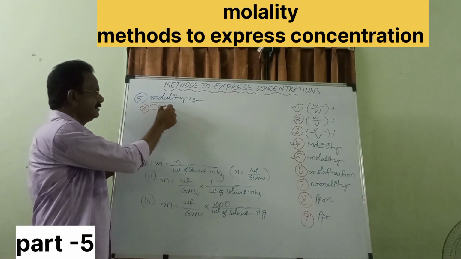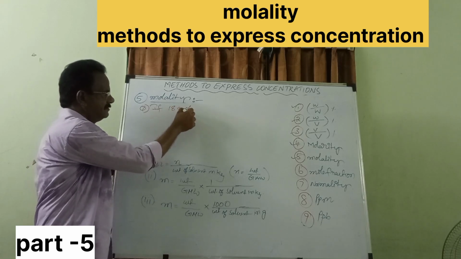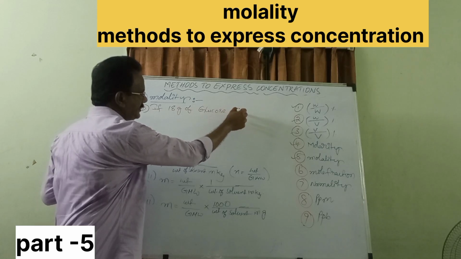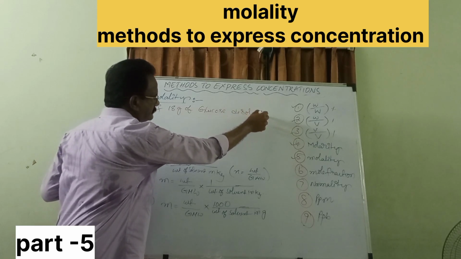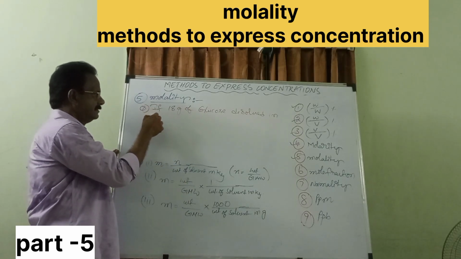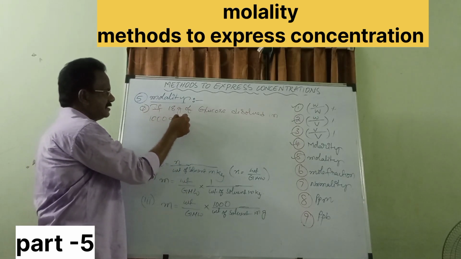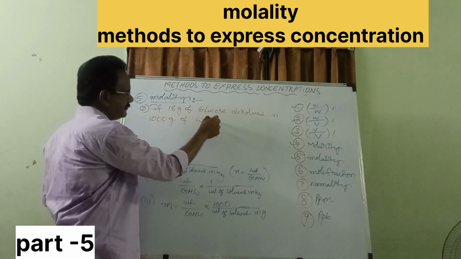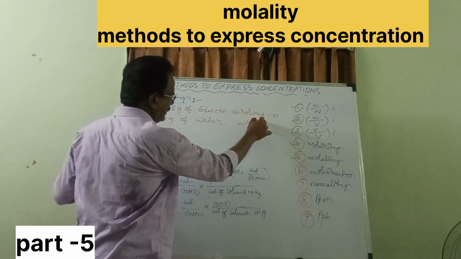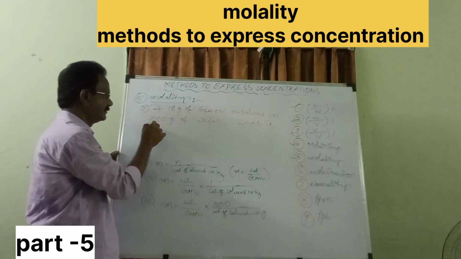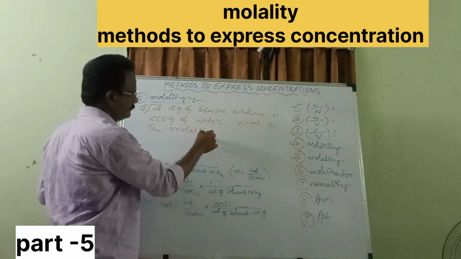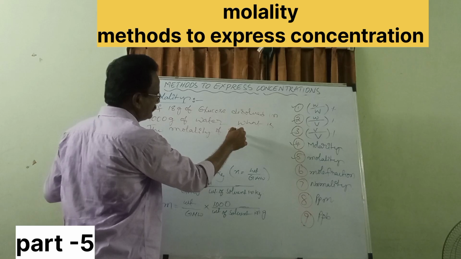If 18 grams of glucose dissolved in 1000 grams of water, what is the molality of solution?